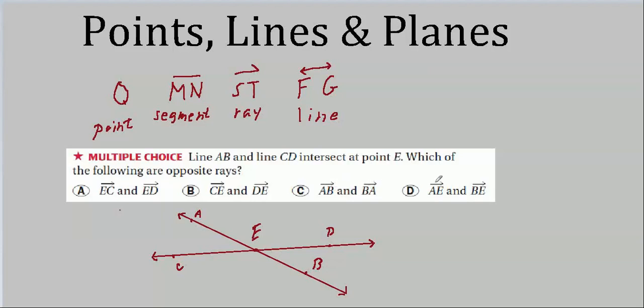Here, AE, well, wow, that's this ray here, and then BE. Well, these two are rays that are coming in towards each other. I think these two are also. Well, this is A to B, I see, yeah. These are rays that are coming at each other too.